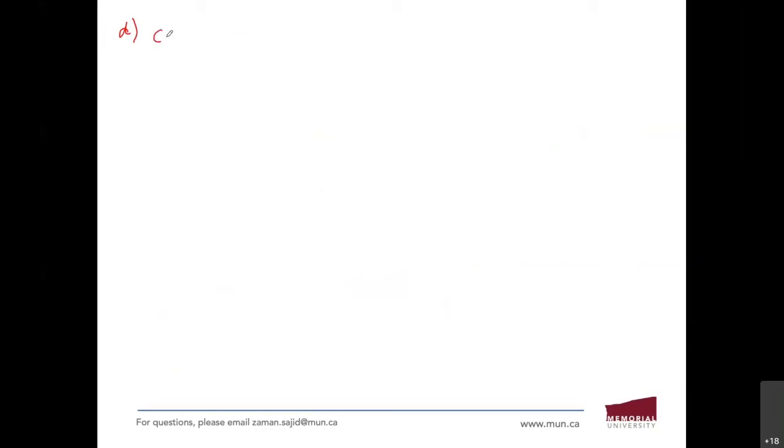So for the covariance of X and Y, this is what we did last time: the expectation of X times Y minus the expectations of X and Y. Now these terms come from the marginal probabilities.